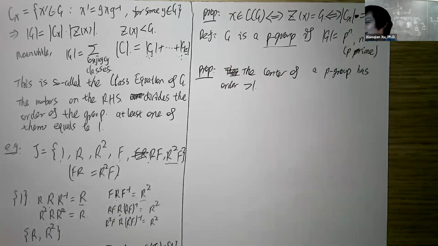But here, even if you have a p-group instead of Z_p, we still have that the center of this group is non-trivial. Can you see why? Can anybody see why this proposition is kind of obvious?